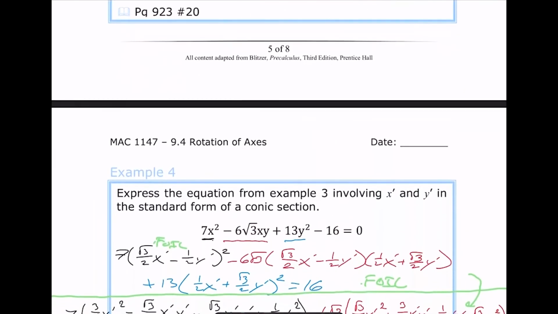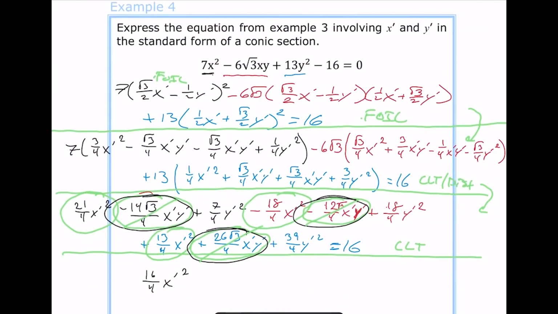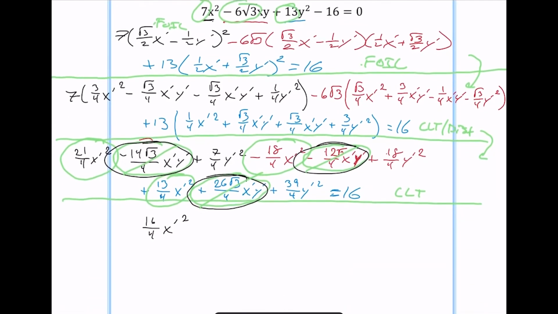Even though we started this process on the previous page, it's continuing down onto this page. This is the same equation that we started with. Right, there's the a value and the b value and the c value. We're still chopping away at this thing, so we still want to make sure that we have the canceling of all of our x prime, y prime terms. If that doesn't happen, that tells you you got to go back and check your work. Okay, let's look at the y prime squared terms.